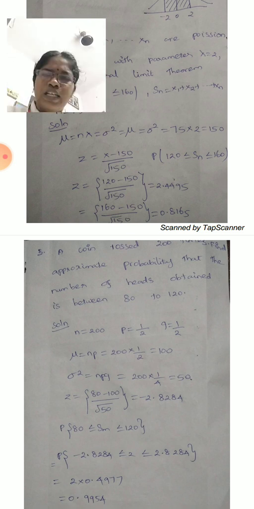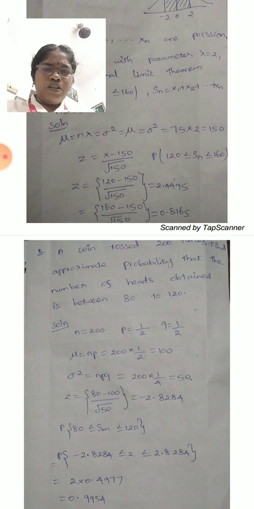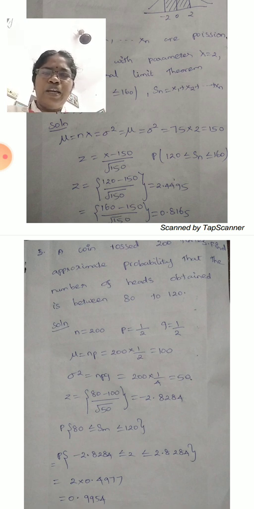And then sigma squared equal to npq, that is 200 into 1 by 4. Simplifying, 200 divided by 4, the answer is 50.